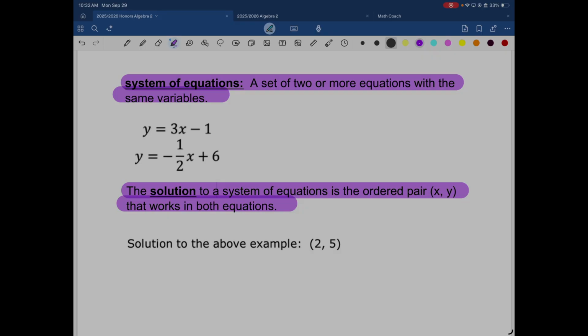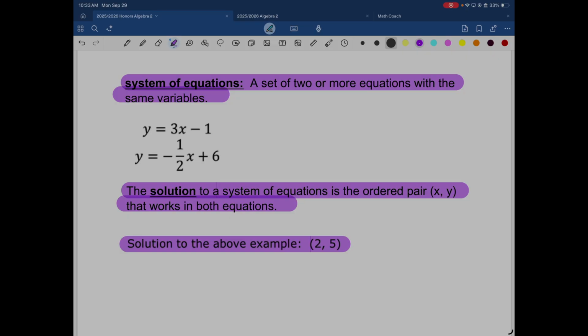In other words, where they intersect. So we're looking for an intersection of two graphs, or the intersection of two lines. In this case, the solution for this example is (2, 5). So these two graphs are going to intersect at (2, 5).